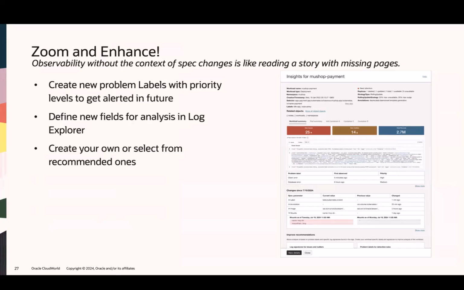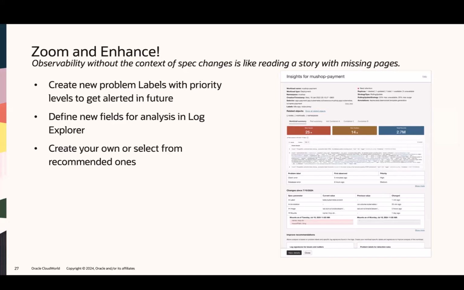And now this is very specific to this workload. And if you have created any new problem labels or priority, those help you identify these issues quickly. And now you can identify new fields for analysis in Log Explorer, as well as create these new problem labels right from here once you have identified these new issues.